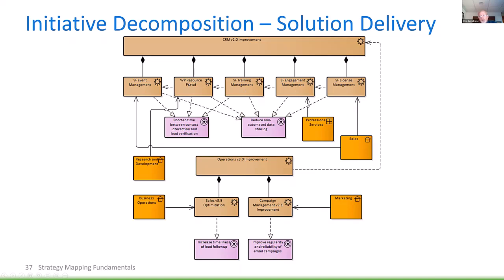And WP is WordPress. So we're going to create a resource portal in WordPress. So this one initiative turned into 5 projects. And these 5 projects are contributing in different ways to the same 2 objectives that are related to the initiative. And then we try to do the same thing for the other initiative.